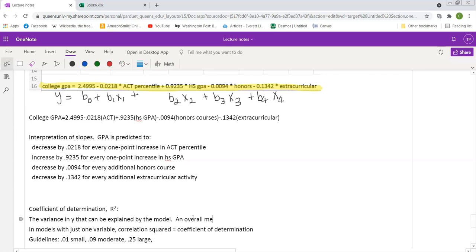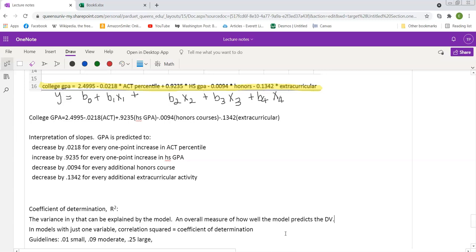An overall measure of how well the model predicts the dependent variable. If you have just one variable in the model, if you notice that correlation is R, the correlation squared is the same as the coefficient of determination. That doesn't work with multiple regression.